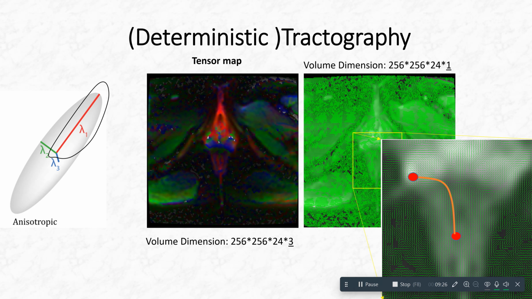They say, if the diffusion of water molecules in muscle tissue is directional, so it's an ellipsoid, how about we just track the longest axis, which is the direction of maximal variance? Let's say we have 2 points. Starting at one point, we trace these lambda ones along each voxel until we get to the other point. So we build a tract based on the direction of maximal variance.